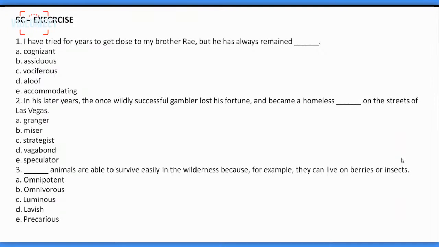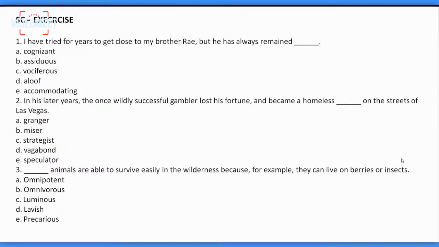That means maybe we as brothers have fallen apart in the past few years, but I've tried my best to get close to my brother, but he has always remained. So maybe he's always remained not in contact, or maybe this is a negative sense that I'm getting from the sentence. So let's see what kind of word we are looking for.